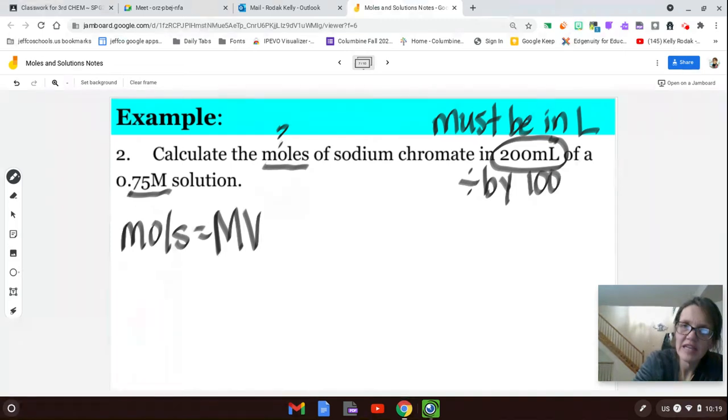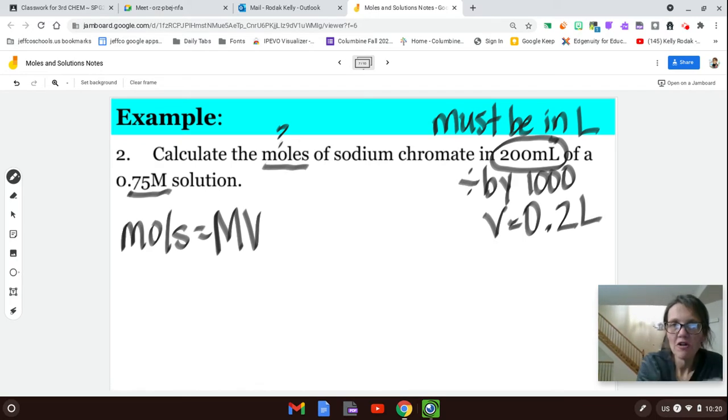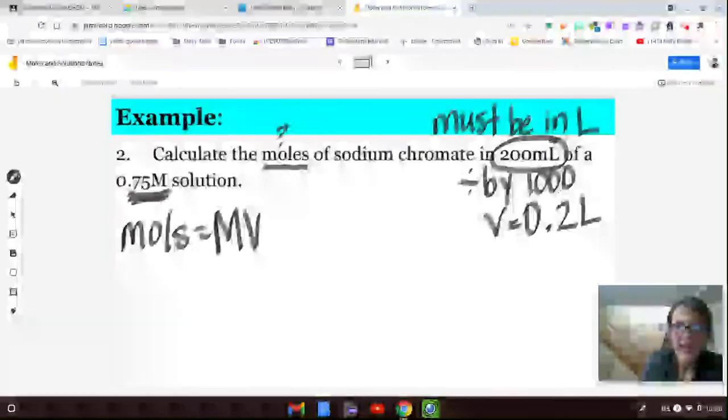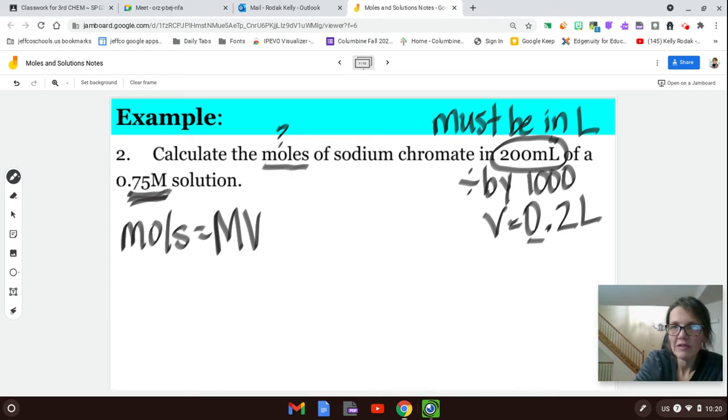That's how we convert milliliters to liters, is we divide by 1,000. So we're going to take 200 and divide by 1,000. So you're going to get 0.2 liters. Okay, and this, of course, is my volume. So I know my molarity is 0.75. I know that my volume is 0.2 liters. I just plug those into my equation.